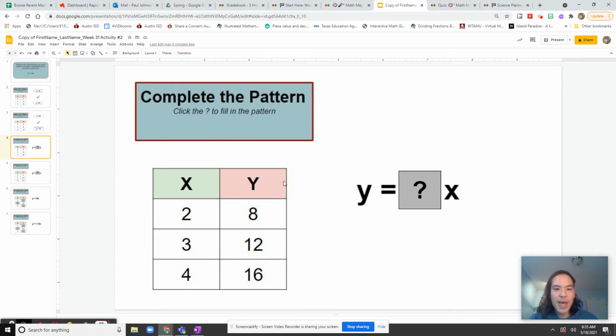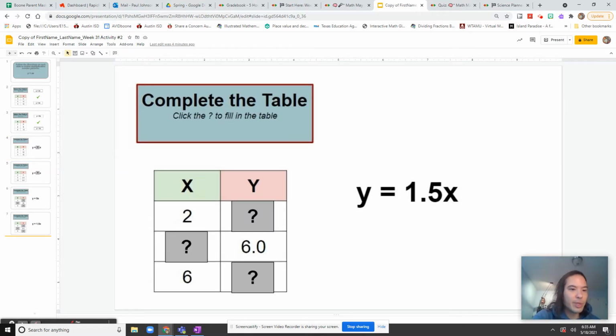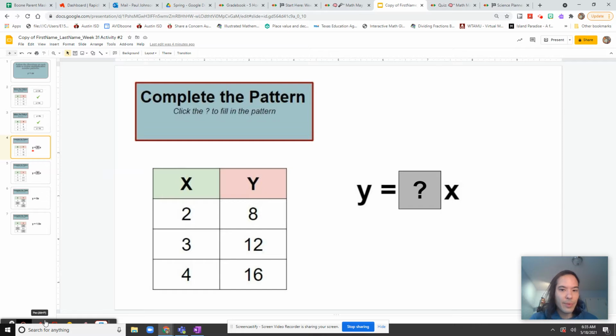All right, complete the pattern. So we're trying to figure out what are we multiplying times x to get our y. All right, so we're going to use the formula still. Oops. All sorts of messing up right now. Hold on 1 second. There we go. Okay, so y is equal to something times x. All right, so we're going to fill in the parts that we know.